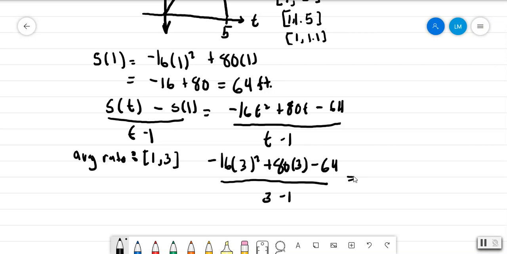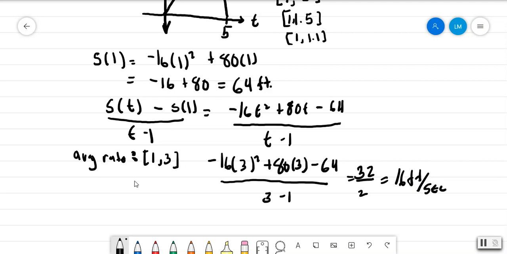So we have that this is going to be, and I'm going to do this computation off camera, negative 16 times 3 squared plus 80 times 3 minus 64. It gives me 32, and this is divided by 2, so this is 16 feet per second.